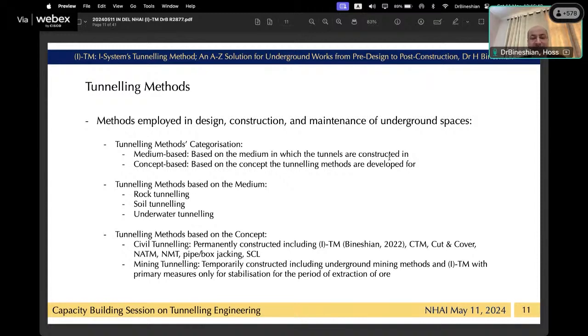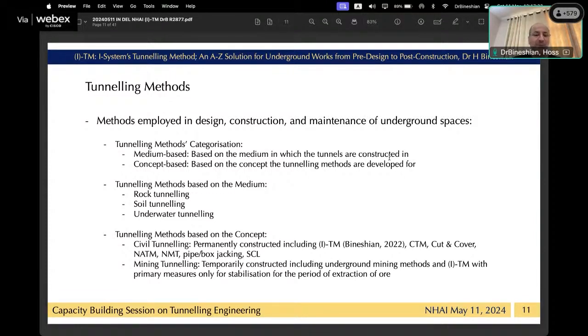Civil tunneling is based on the concept of permanent structure, permanently constructed, including ITM, CTM, which stands for conventional tunneling method, cut and cover, and ATM, NMT, pipe or box jacking, and SCL, which stands for sprayed concrete liner. Mining tunneling methods are based on different concepts from civil tunneling.